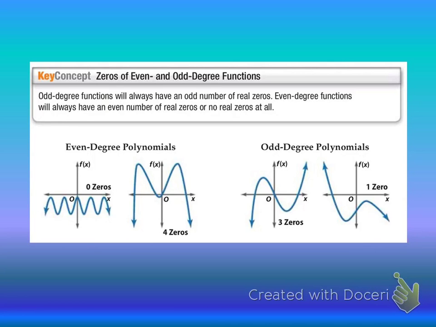If you have an even degree function, you'll always have an even number of zeros, or no real zeros at all. Okay, never touches the x-axis at all. All right. So, if you have an even degree, you have to have an even number of zeros. Odd degree, an odd number of zeros. Make sense? Everybody good?